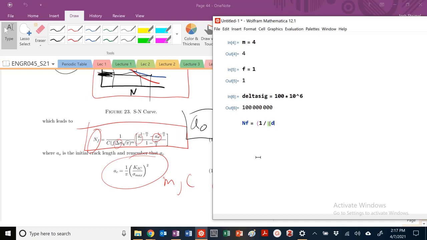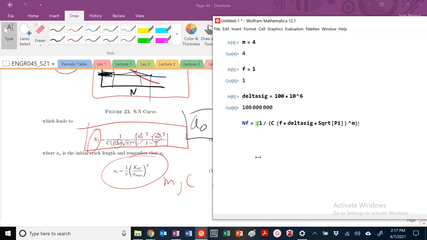c times f times delta sigma times square root of pi, and then we raise this to the m power.